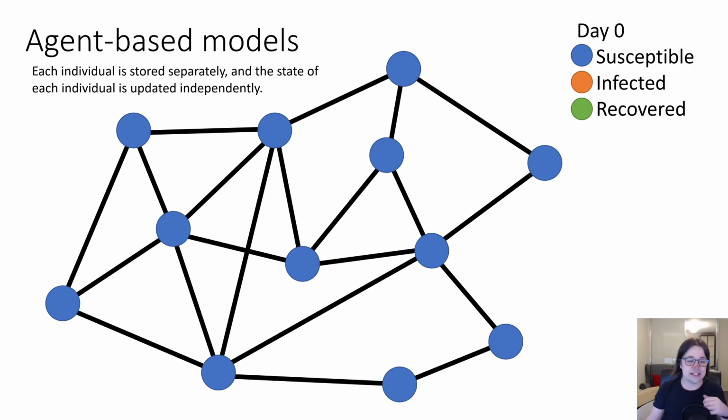So you have all these little nodes in the system, and they represent individuals who have their own age, their own date of infection, their own date of recovery, and so on and so forth. So there's a lot more data being stored.